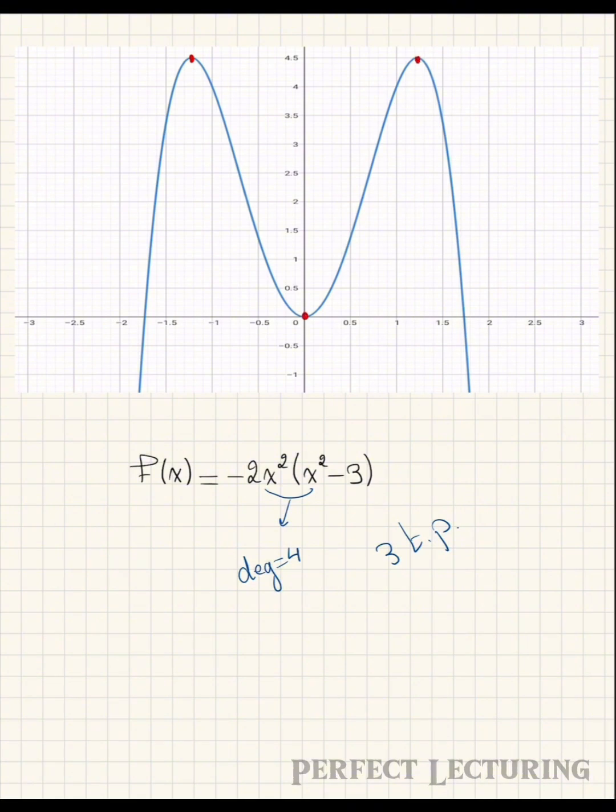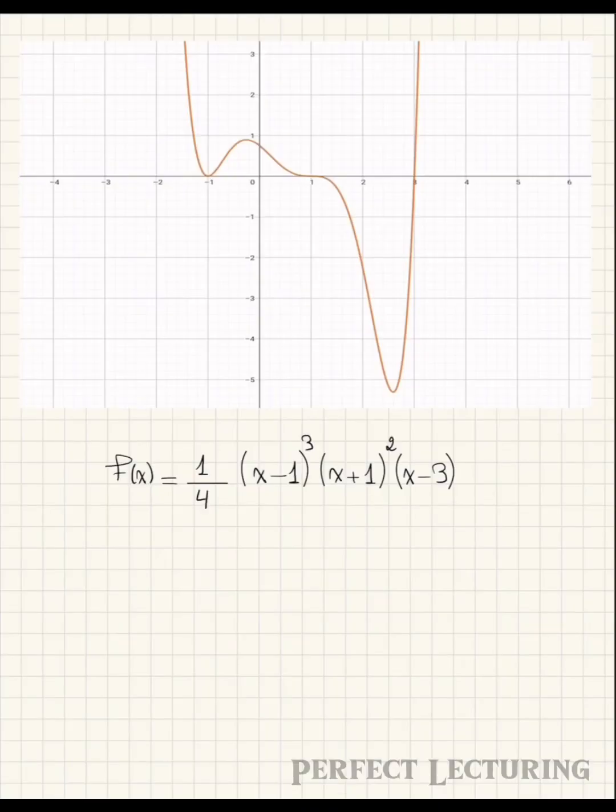But wait a minute, can we always say that we will always have n minus 1 turning points? The answer is no. Because if you remember, we said that we will have at most n minus 1 turning points, so we might have less. And let's see an example. Let us first find the degree of this polynomial function. Here the term with the highest exponent is x cubed. Here we have x squared. And here we have x to the power of 1.